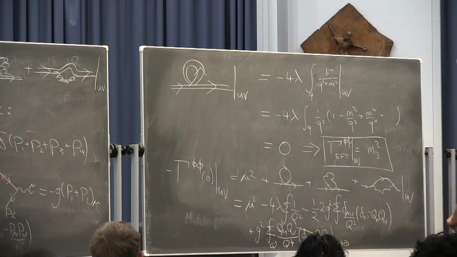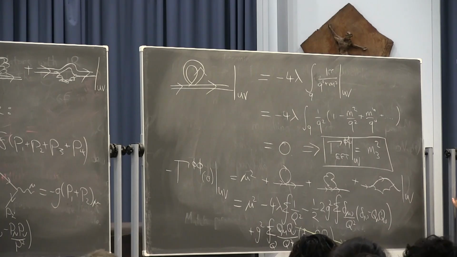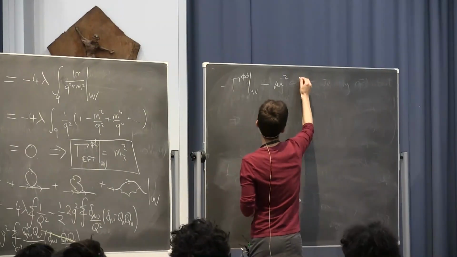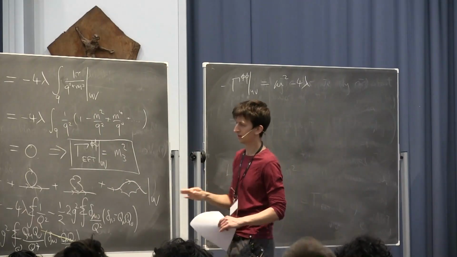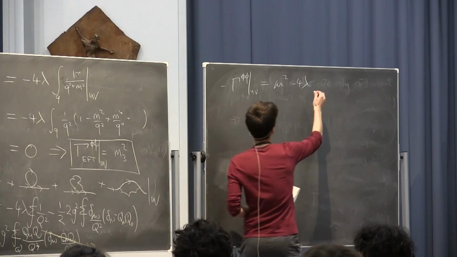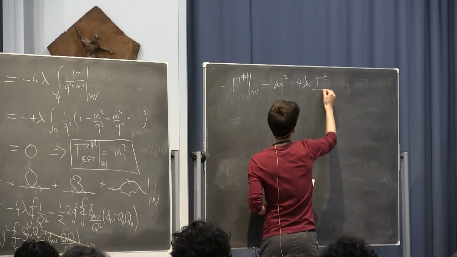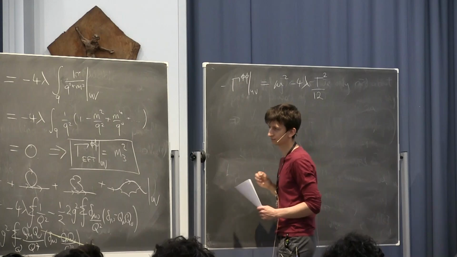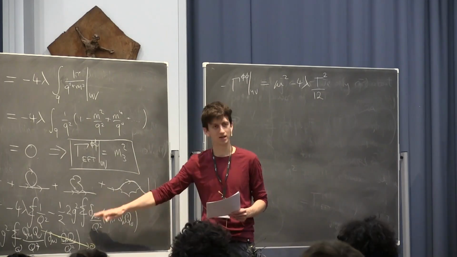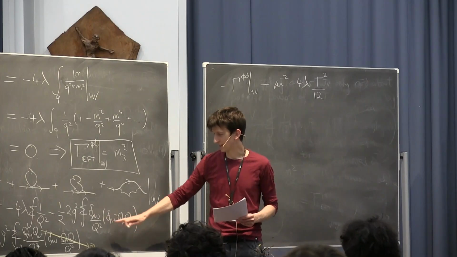So the remainder of the diagrams, I get mu squared minus 4 lambda, and then this sum integral is T squared on 12, and then I have this diagram here. You can contract the indices.